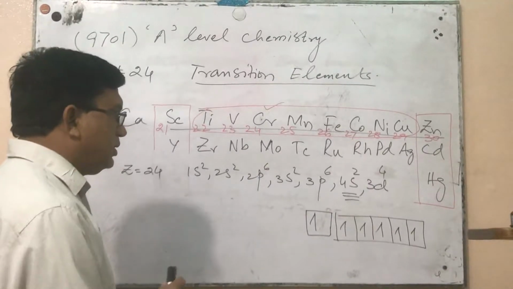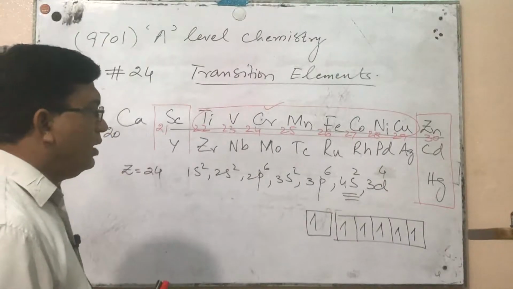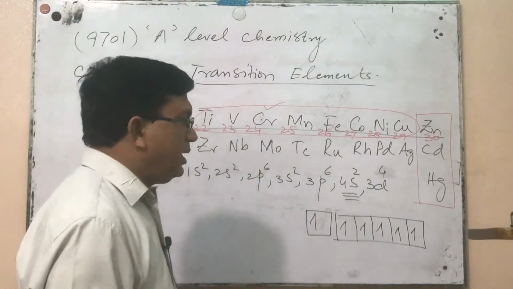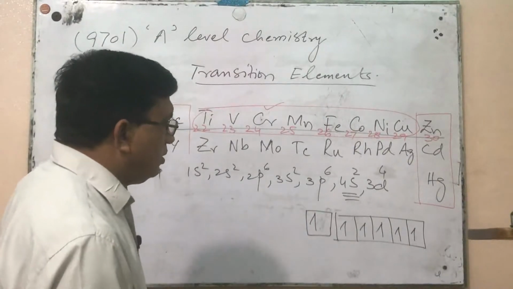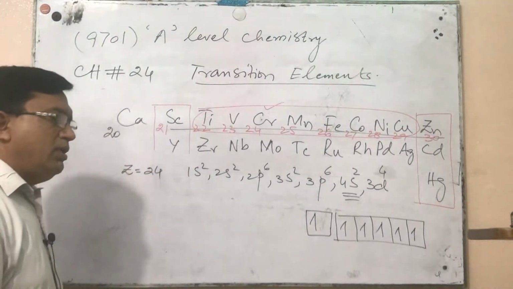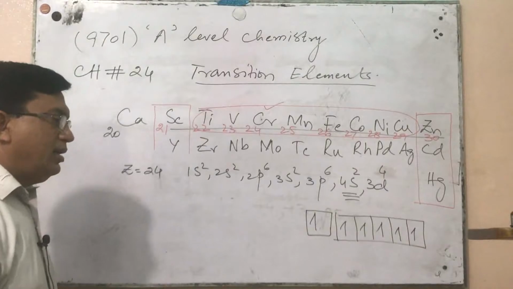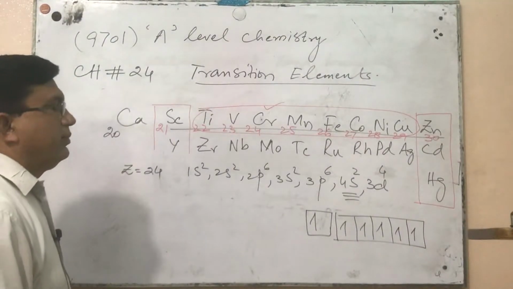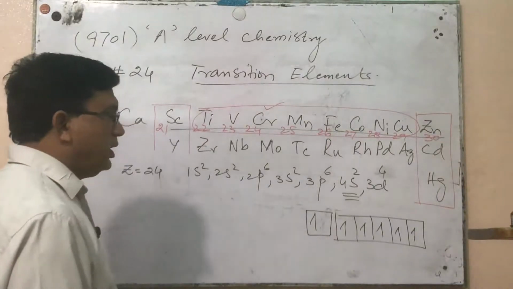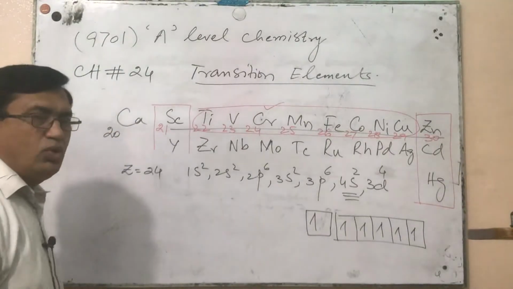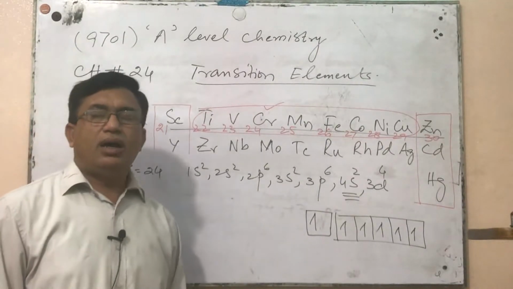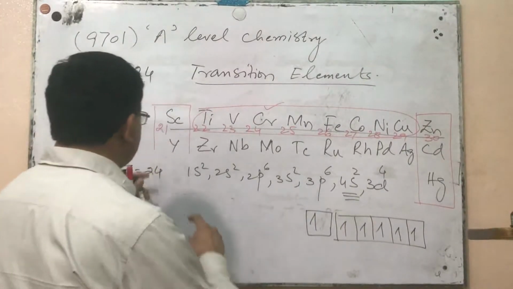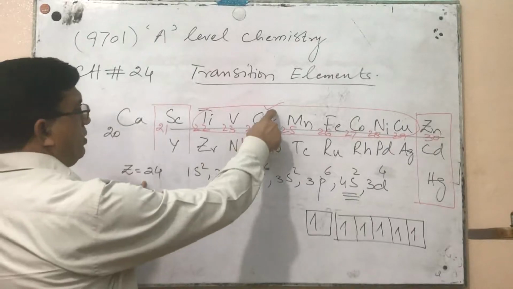That's why, with these 6 unpaired electrons, chromium can easily attain the positive 6 oxidation state in many of its compounds. For example, K2Cr2O7, where chromium has a positive 6 oxidation state. This is the matter of chromium.